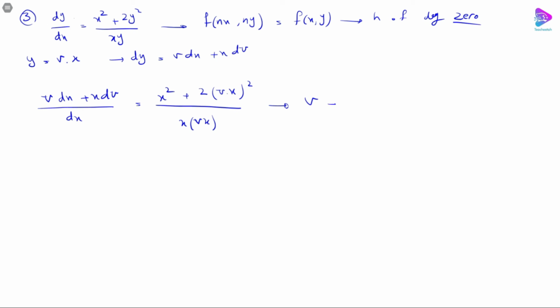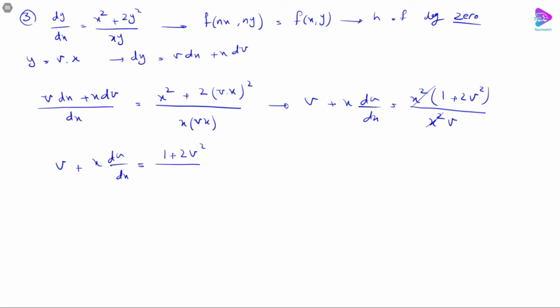I'm gonna get v plus x dv over dx equal to, and here I'm gonna factorize x squared, 1 plus 2v squared over x squared v. So I can cancel that one out, and then I'm gonna end up at v plus x dv over dx equal to 1 plus 2v squared over v. Let's bring that over here. Therefore x dv over dx would be 1 plus 2v squared minus v squared over v.